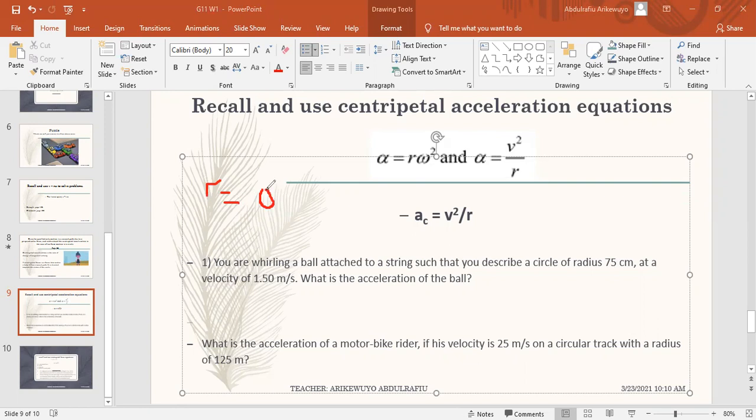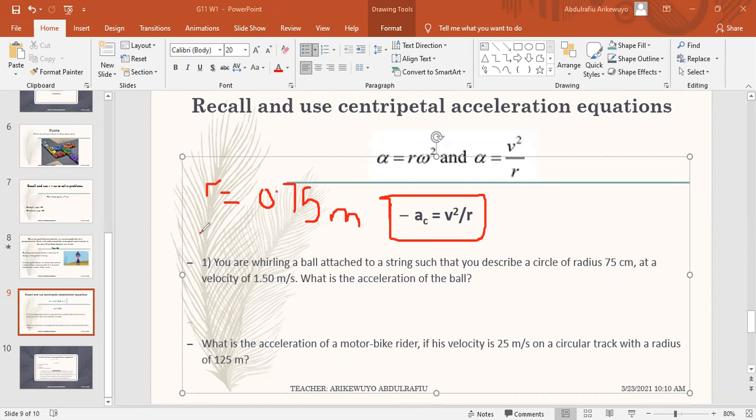A equals v squared divided by r. Now, I'm changing the radius from centimeters to meters, so I divide by 100. I have 0.75. Are you following?